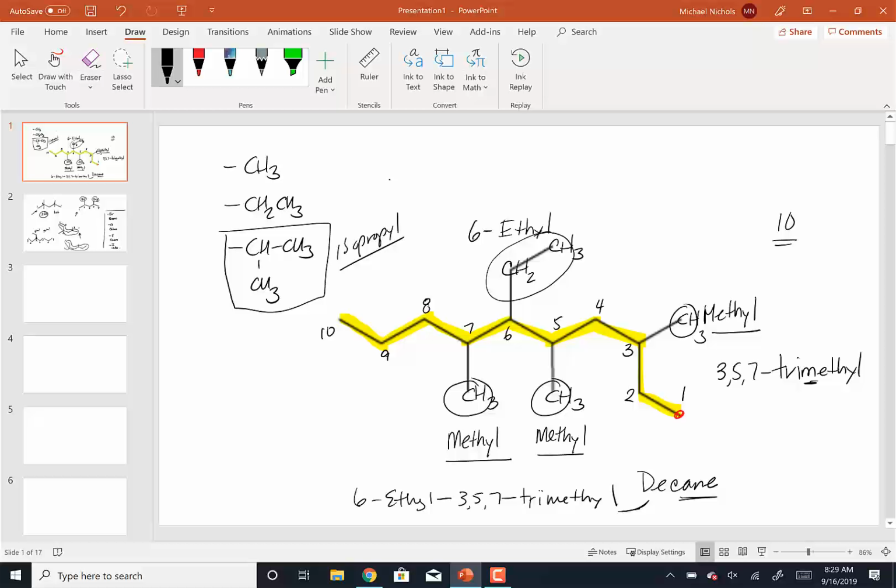So this is kind of an example, but sometimes on bottles of isopropanol, I'll see that they just write 2-propanol. So how would that work with this?